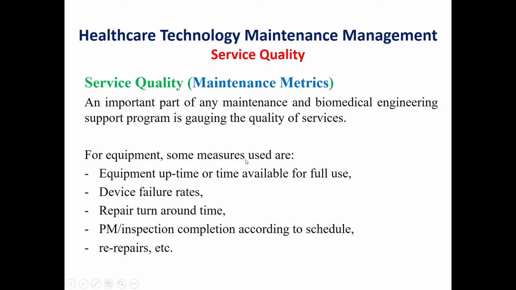For equipment, some measures are used, such as equipment uptime or time available for full use, which is the opposite of the downtime, device failure rates, repair turnaround time, PM inspection completion according to the schedule, repairs, re-repairs, and so on. These are considered as performance indicators for a healthcare technology maintenance program. So this is a part of the service quality.